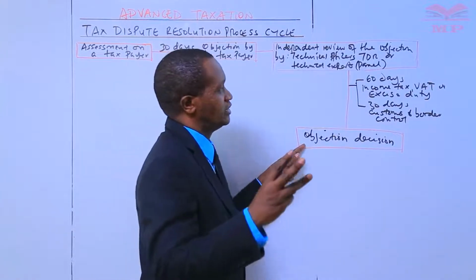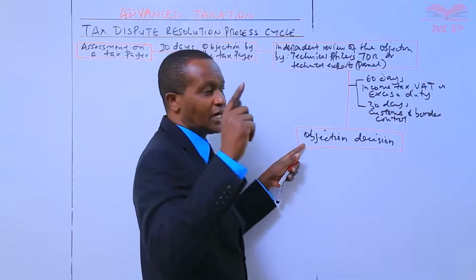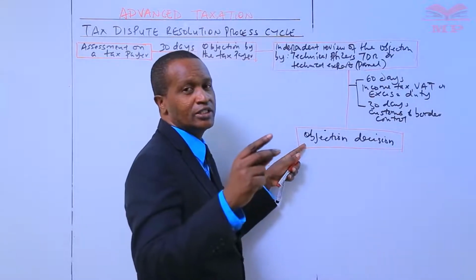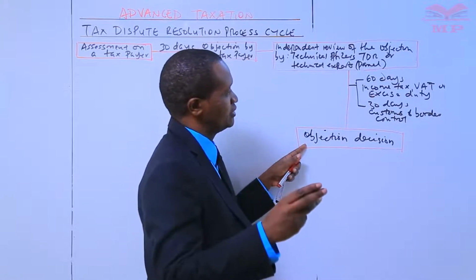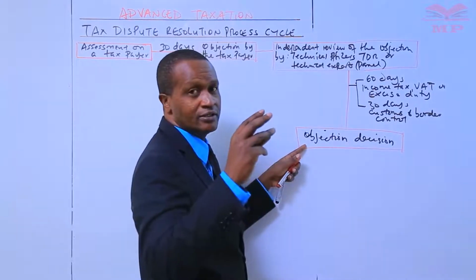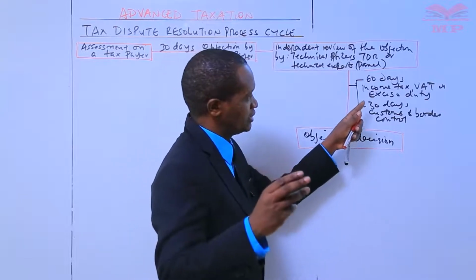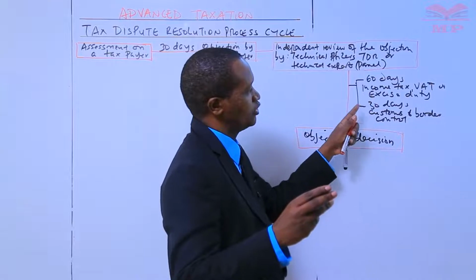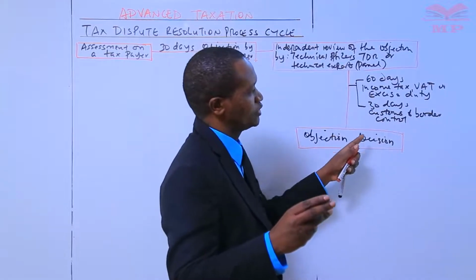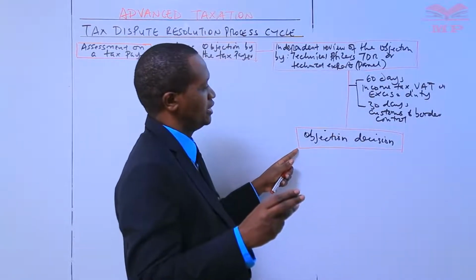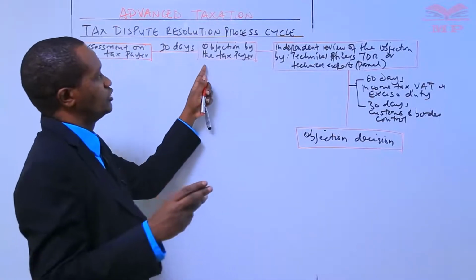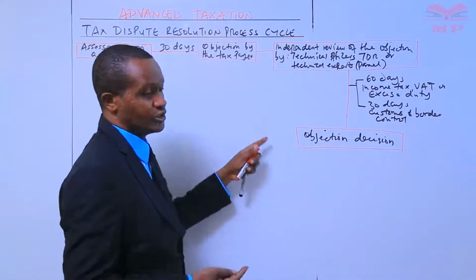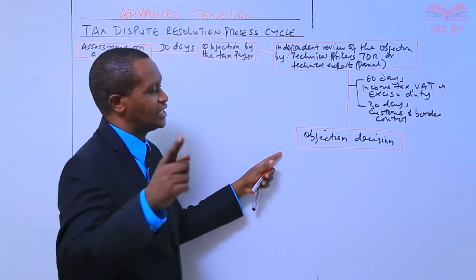If KRA does not allow it, or does not allow it in part, or does not disallow it, then within 60 days, in case of income tax, VAT, or excise duty, or within 30 days in case of customs and border control, the objection by the taxpayer is automatically allowed.